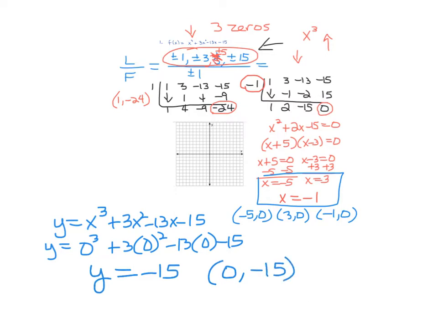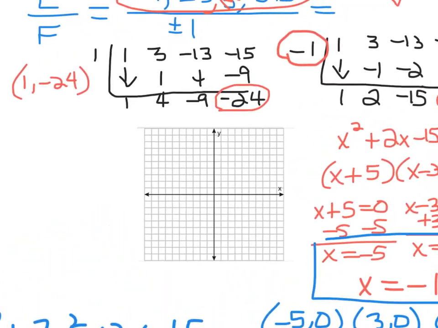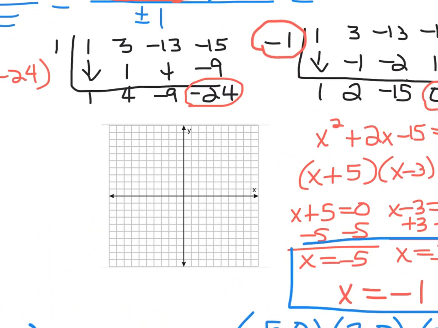So I've now found my 3 x-intercepts and my y-intercept. I'm going to go ahead and put those on my graph. I'm also going to add in my end behavior. So I'm going to graph the negative 5, and I'm going to make my graph go by 2's so I can get my y-intercept on here, because remember, my y-intercept was negative 15.